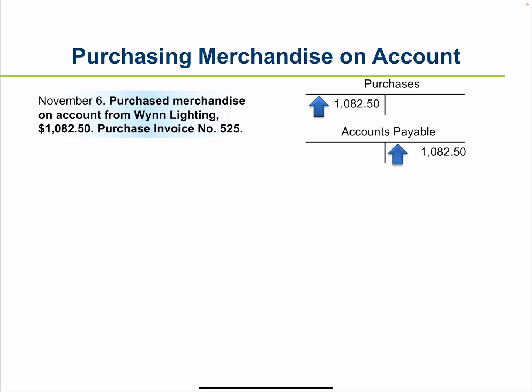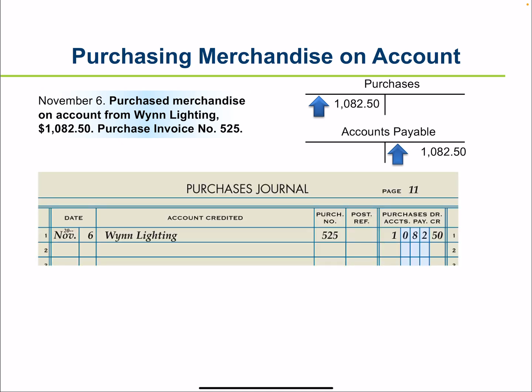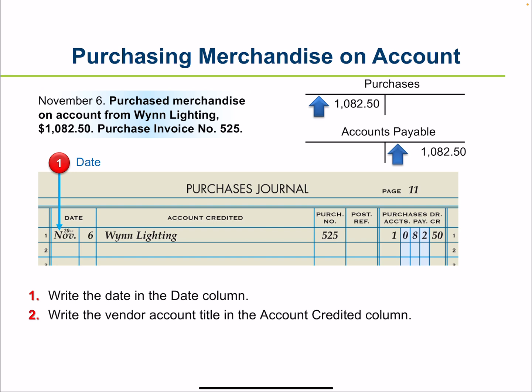The biggest thing is people want to put the word merchandise for the account title, but the account title is purchases. So we go to our purchases journal. Our instructions, number 1, we are going to write the date. Number 2, we're going to write the vendor account title, whoever our vendor is, where we owe the money.